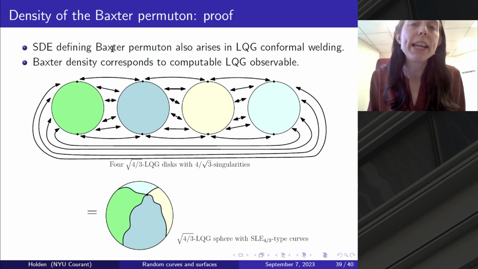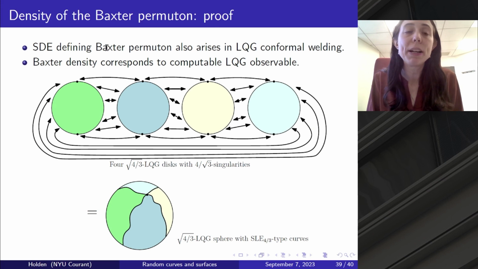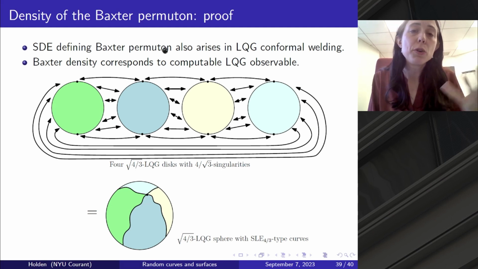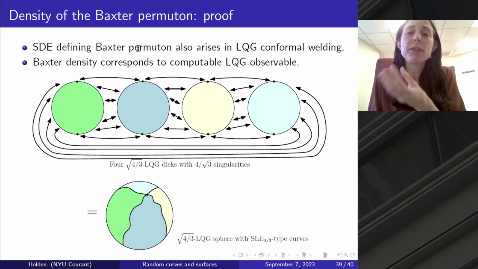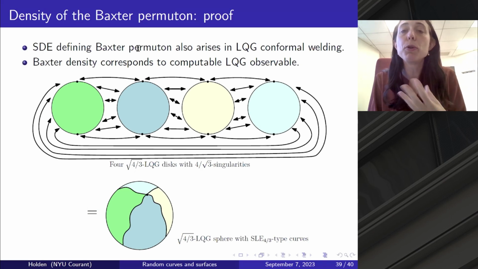One can study the scaling limit of random permutations, and it turns out that they can be described by a particular SDE. This SDE also arises in the setting of conformal welding. And the observables one is interested in on the permutation side correspond to computable geometric observables on the LQG side.